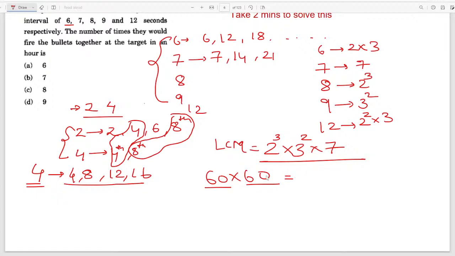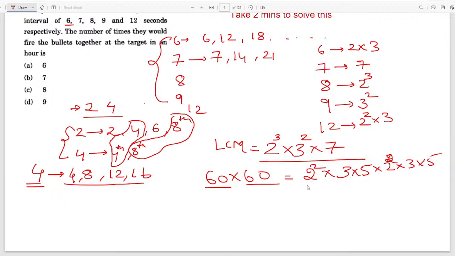Instead of writing 3600 like that, I'll use the prime factorization method and write 60 as 2 squared into 3 into 5. 2 squared is 4, 4 times 3 is 12, 12 times 5 is 60.